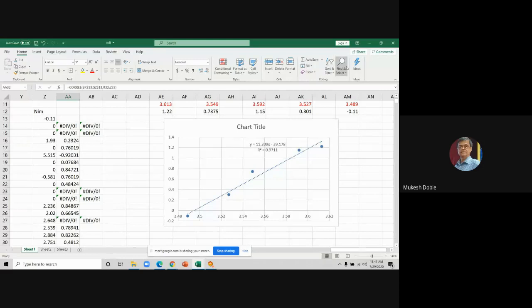Here in Excel, it's just giving R square, but there are many statistics which need to be calculated to know how good the model fit is, how good the prediction is. Like I said, R square adjusted, R square predicted, Q square cross validated, R square bootstrap, F value. So many things are there which tell you how good the fit is, and for that you need to have a good knowledge about statistics.